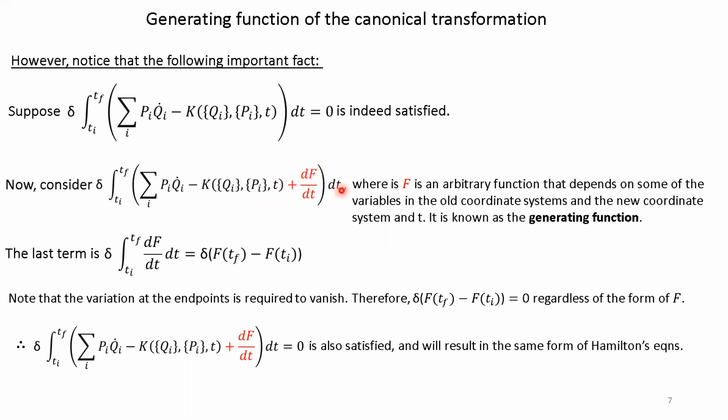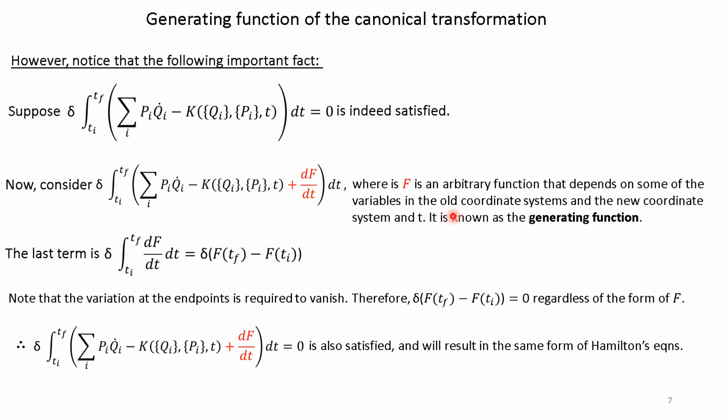But as you will see, we'll just consider some special cases where f does not depend on all of them. So this f is what we call the generating function.